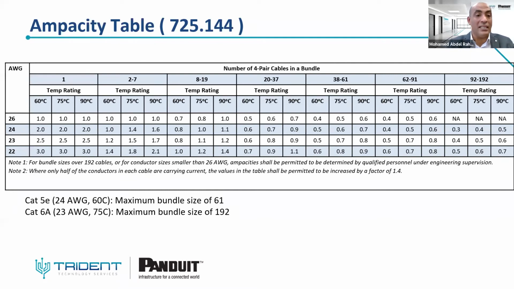You can see on the left here the AWG for the cable. You are using 22 up to 24 AWG. And also here you can see the temperature rating, which is the maximum operating temperature for the cable, and the number of cables that can be bundled.